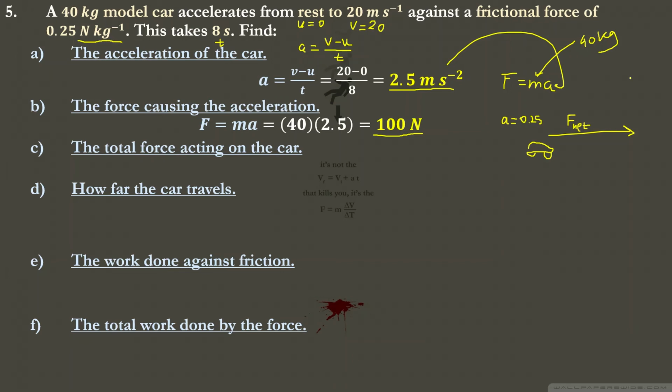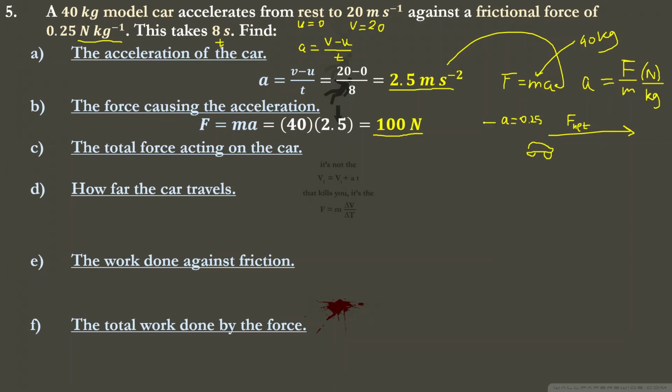N kg to the power minus 1. Now, we know that acceleration is meters per second squared. But if we look at the formula from Newton's second law, F over m, F is in newtons, M is kilograms, so that's where N kg to the power minus 1 comes from.